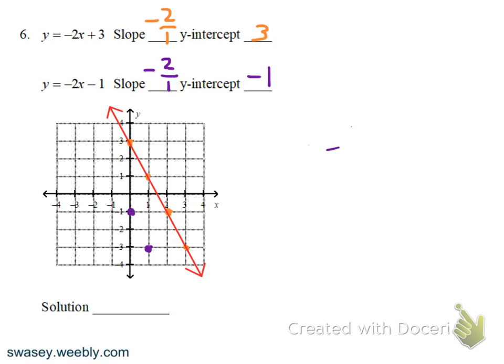Notice that these are lines that have the same slope, but they have different y-intercepts. So they never will intersect. So you can either write empty set or you can write the words no solution. There is no place where they intersect.